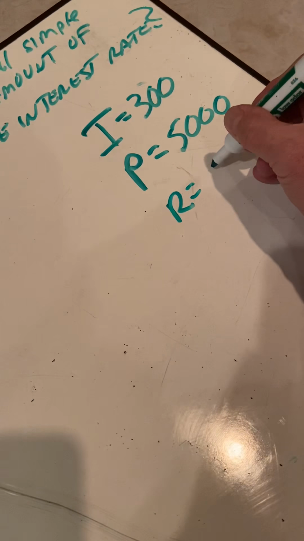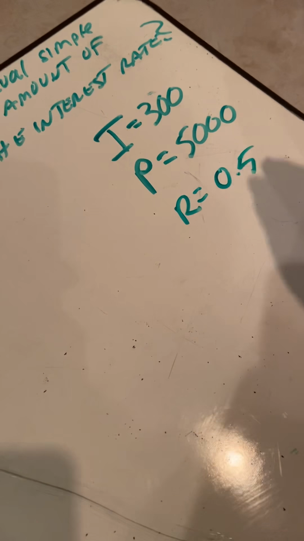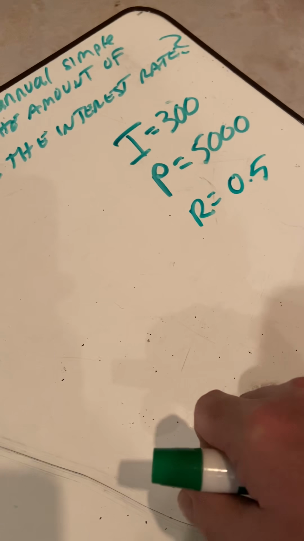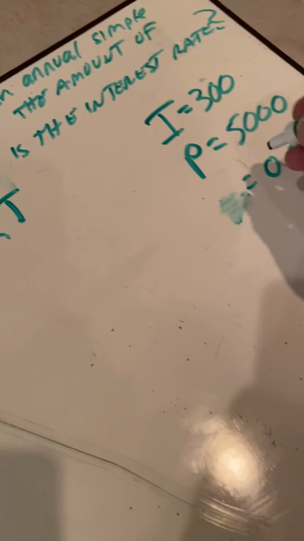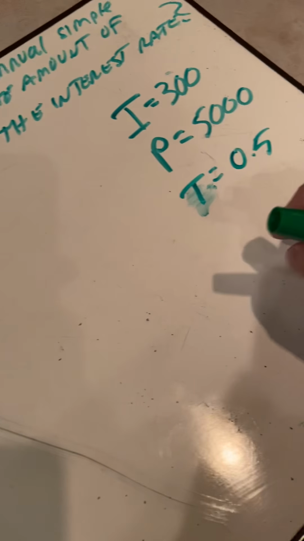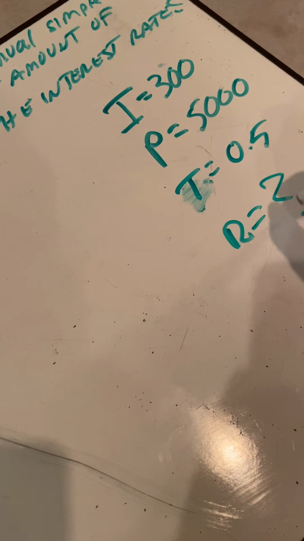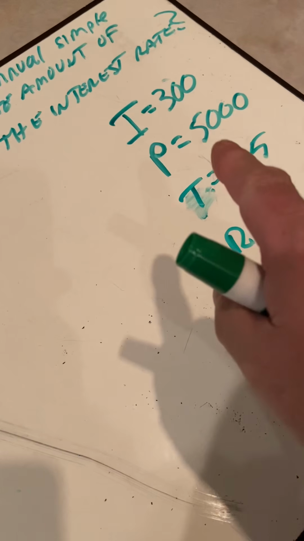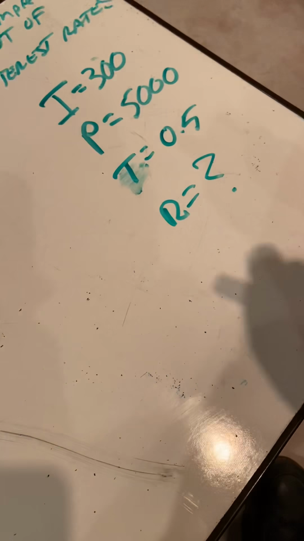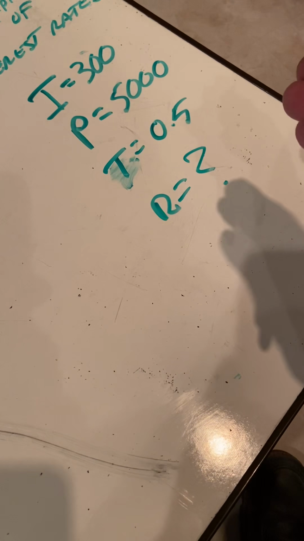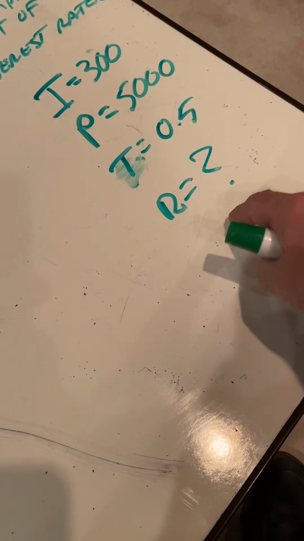So T equals 0.5. Or you could use a fraction 1/2 if you wanted to. R is the unknown, okay? So we have interest of 300, principal of 5,000, time is 6 months or half a year, so 0.5, and we're going to find this.